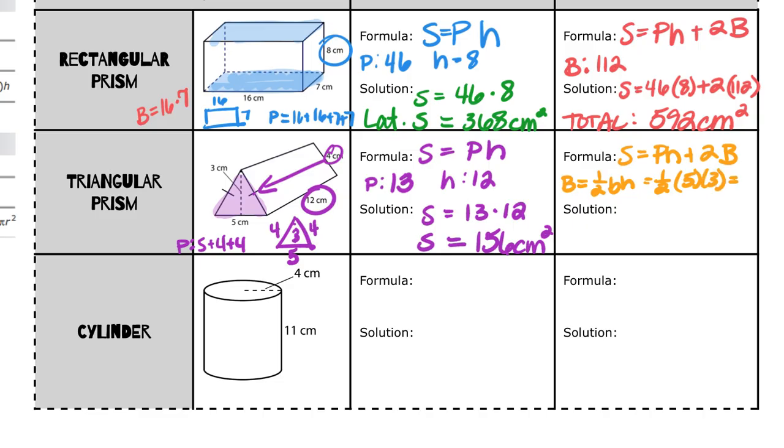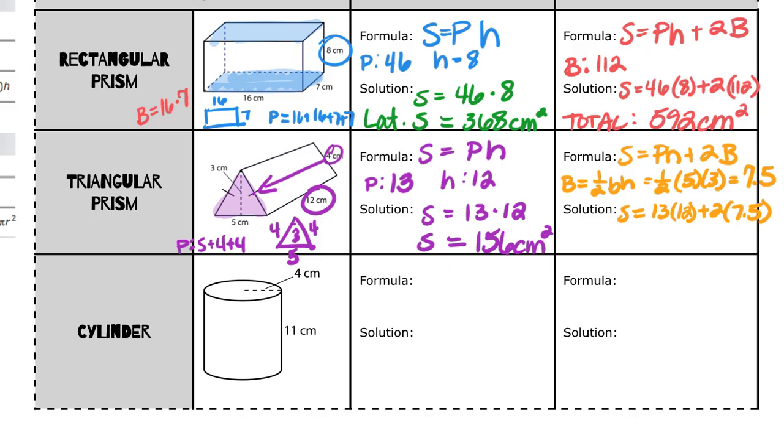So then our area of the base would be 7.5, I believe. So 15 divided by 2 would be 7.5 for our area of the base. So when I go to plug in all these values, I would have surface area equals 13 times 12 plus 2 times 7.5.